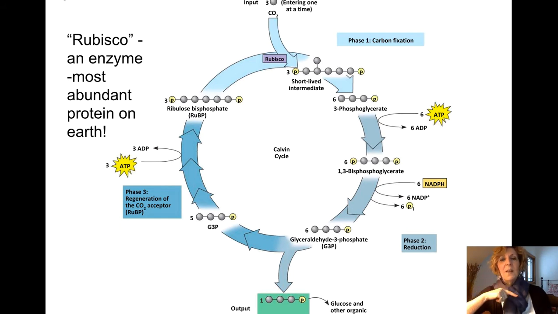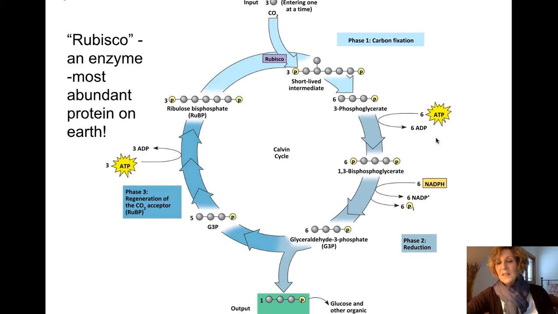There's more than one way to make sugar if you're a plant, and this is called C3 photosynthesis, just the standard photosynthesis. I just wanted you to see that's a 3-carbon there. So now we have fixed carbon. We've literally glued a CO2 onto our ribulose bisphosphate. We make a 6-carbon molecule. It's unstable. It breaks into 3-carbon molecules called 3-phosphoglycerate.